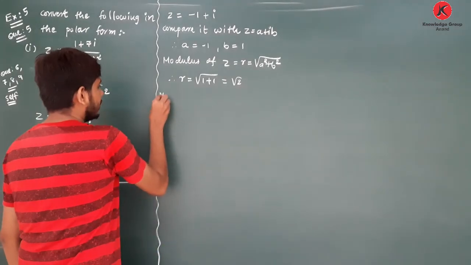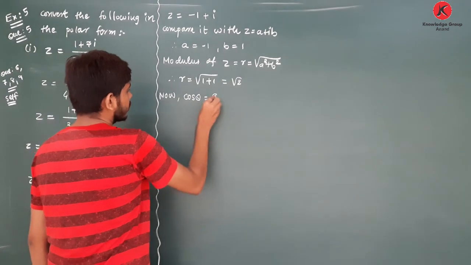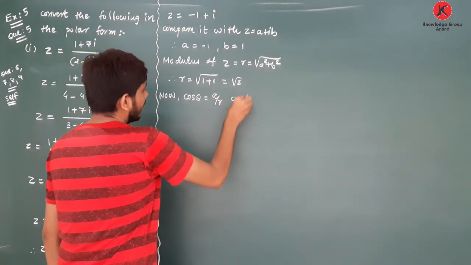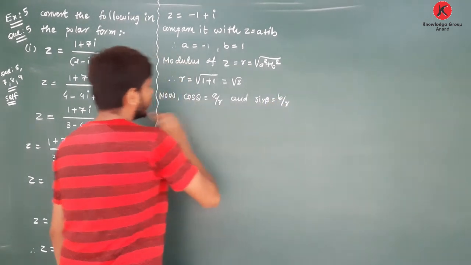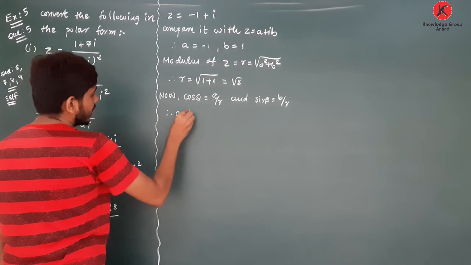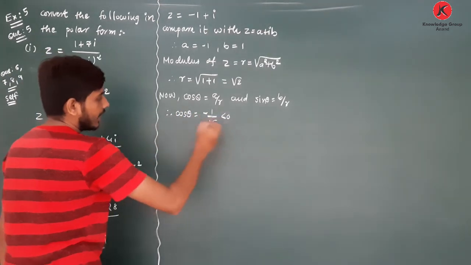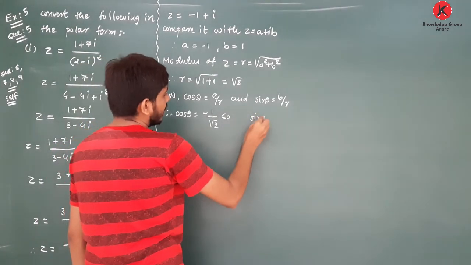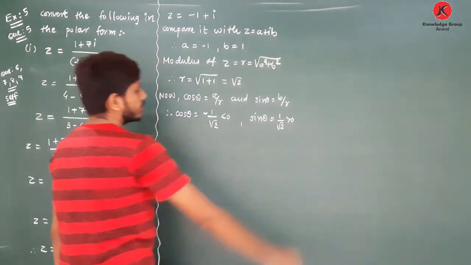Now find the value of cos theta and sin theta. Cos theta equals a by r and sin theta equals b by r. Putting the values of a, b and r, we get cos theta equals minus 1 by root 2, which is negative, and sin theta equals plus 1 by root 2, which is positive.